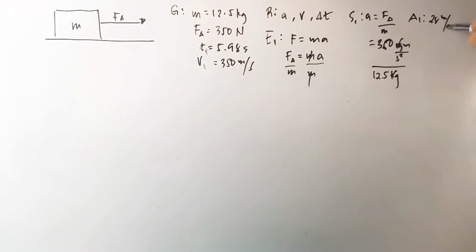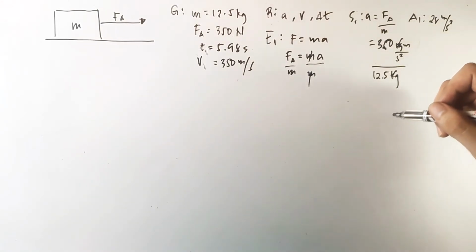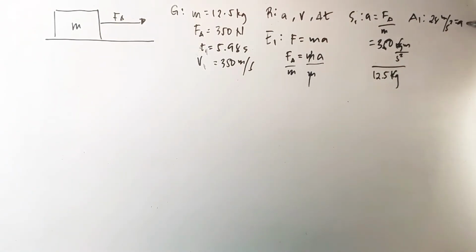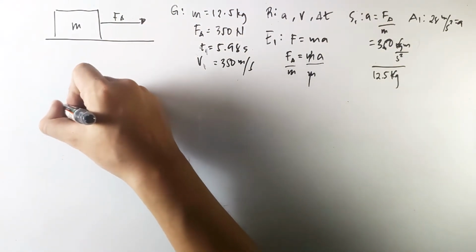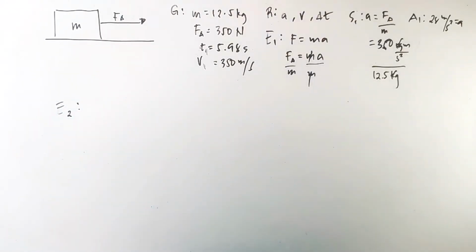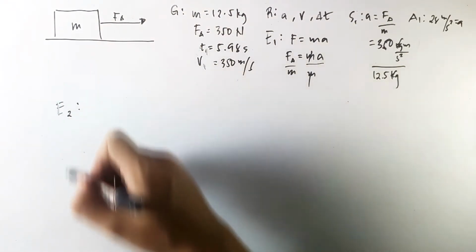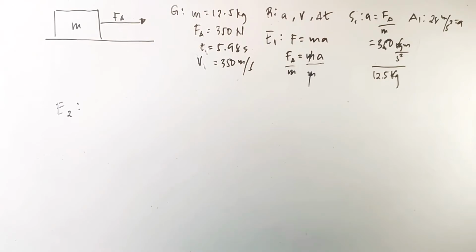The unit is meter per second squared. So that's a. Alright, we got a. Now let's proceed on finding what's the next item being asked. Let's look at the required final velocity.